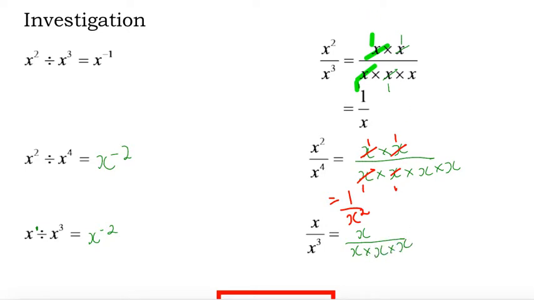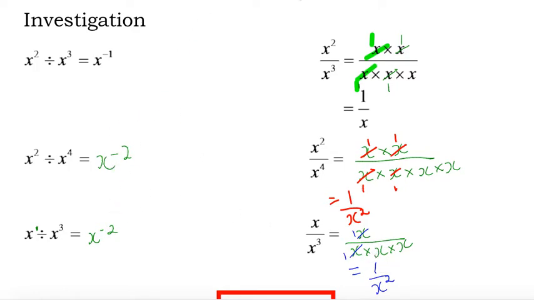And again, using the cancelling method, x over x we know is the same as 1 over 1. So what I have left is 1 in the numerator, but I have x times x, which is x squared, in the denominator.